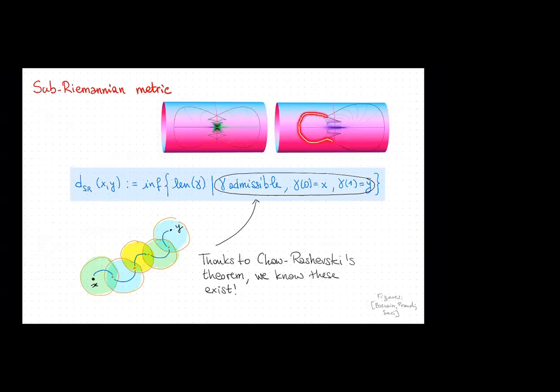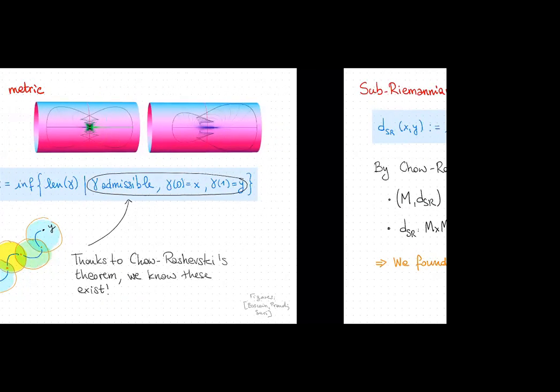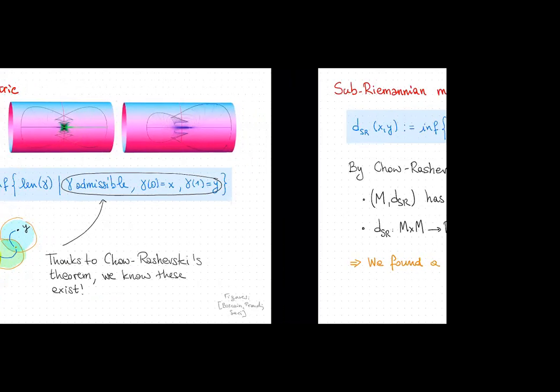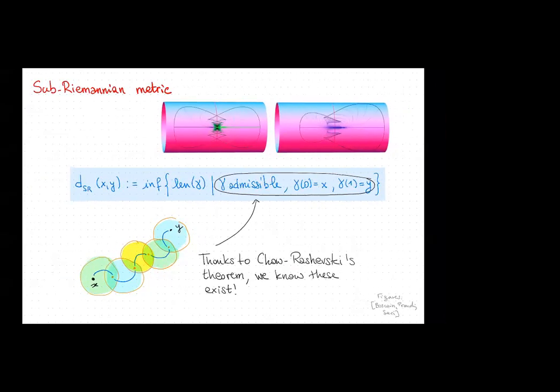But you see, even just a ball can look horrible. It has corners here, and at this point it's usually not even Lipschitz continuous. So even balls and spheres using this Carnot-Carathéodory distance can be horrible. And there are lots of conjectures related to those. I can come back to it at question time.